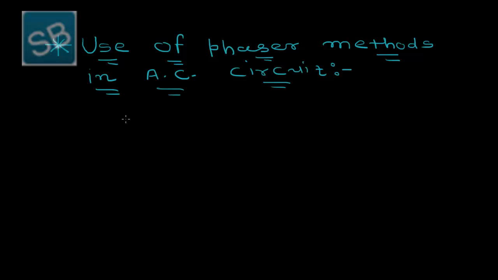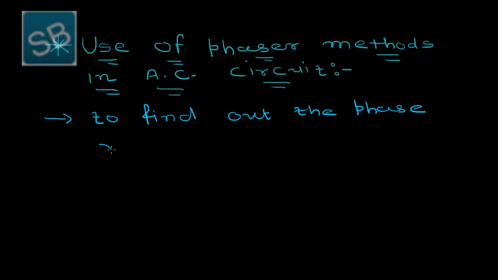Because this method can be easily used to find out the phase relation between voltage V and current I. So actually in this particular article we will find out the phase difference between voltage V and current I.